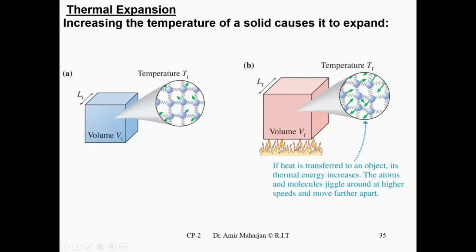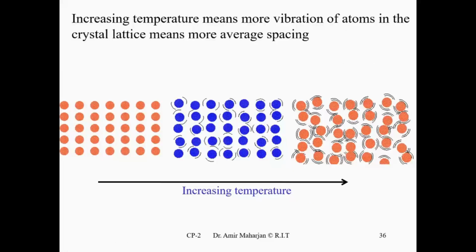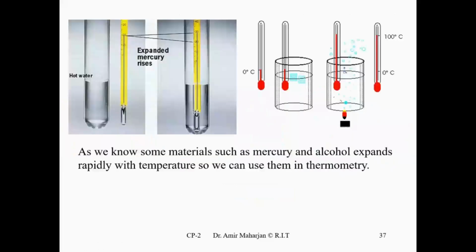When you heat it up, these molecules will vibrate, oscillate with more energy, and the mean distance, the average spacing between two atoms, increases. That's the main cause of thermal expansion of solids. As you can clearly see, as you increase the temperature, the average spacing increases.